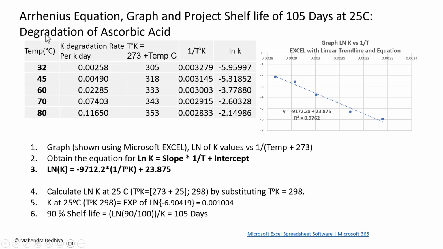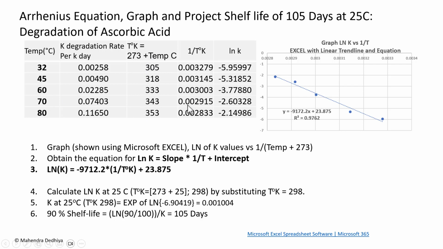The Arrhenius equation was shown earlier. It is a relationship between natural log of K versus 1 over T. We know the value of K from the previous slide. We can calculate absolute or Kelvin temperature, 273 plus temperature in Celsius.